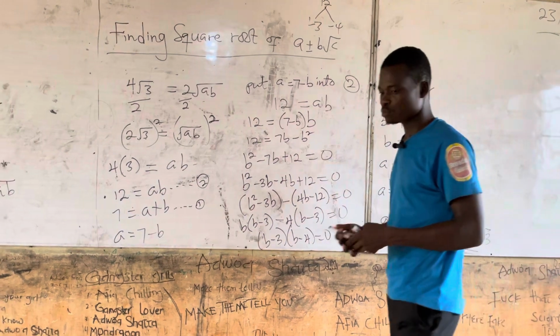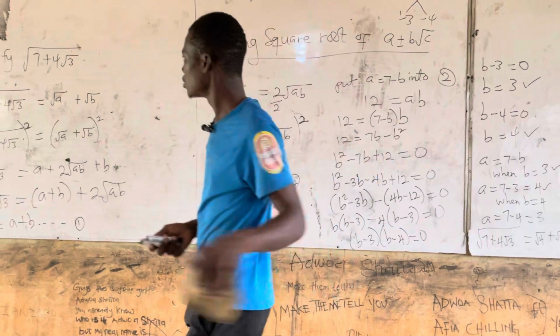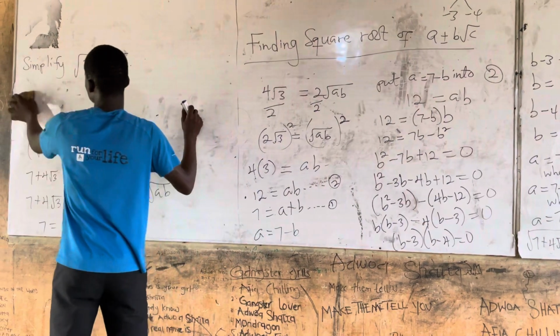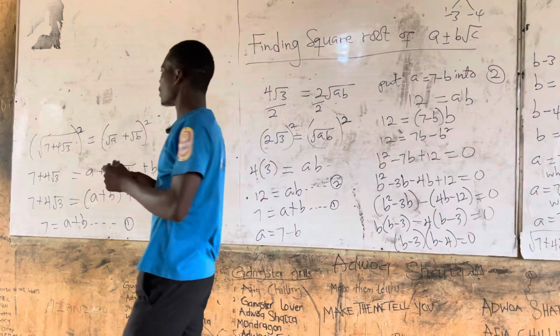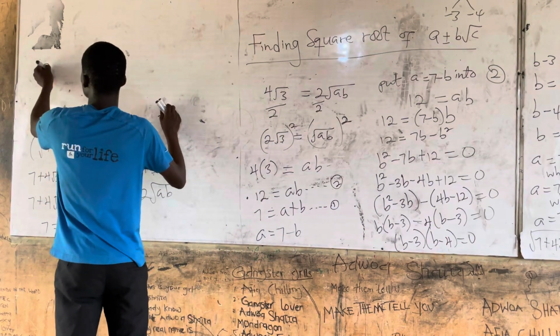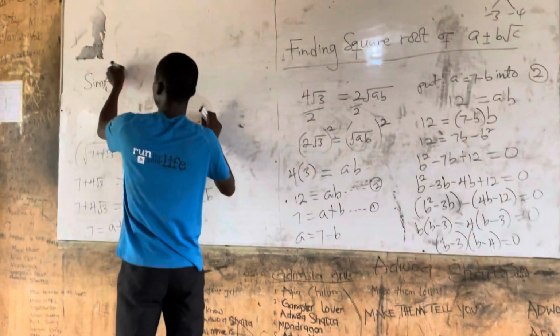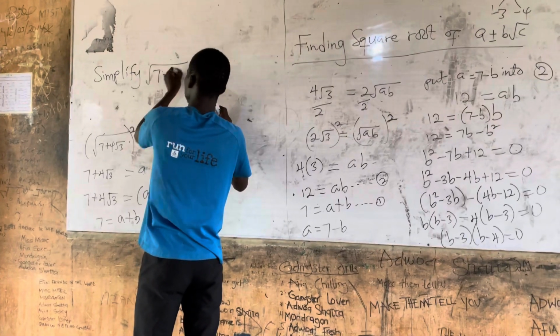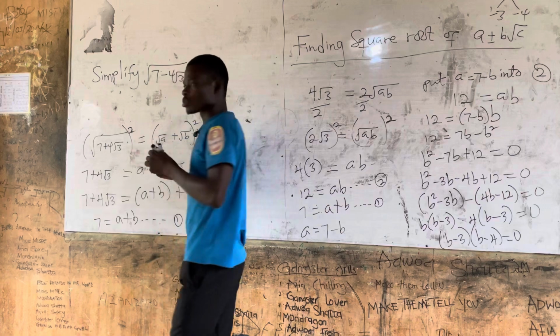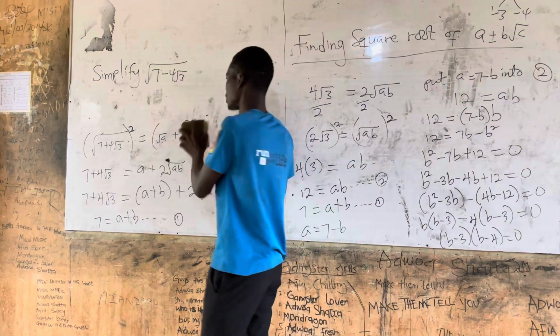So now, we have to simplify root of 7 minus 4 root of 3. So this is what we are supposed to simplify.